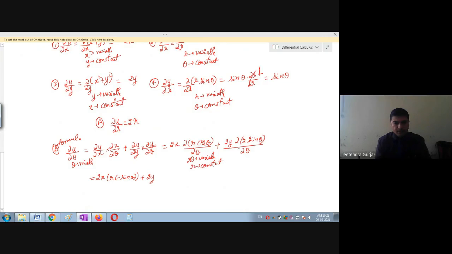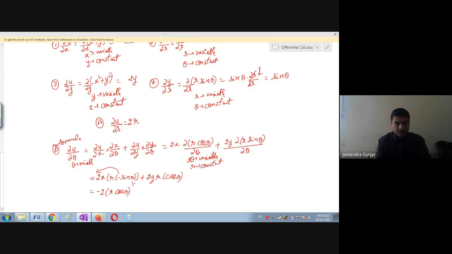Then here also same, theta is variable, right? And r is constant. So I will keep r as it is. Differentiation of sine theta is cos theta. So further what you have to do, please remember, substitute the value of x. So minus I will take it outside. Minus 2 is there. X value we have r cos theta, right?